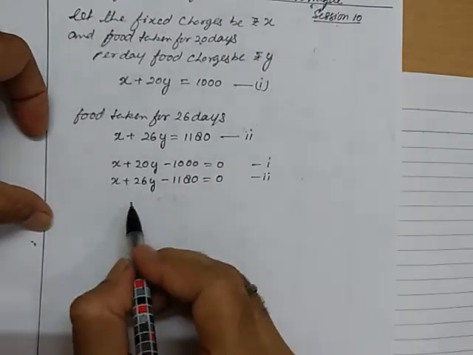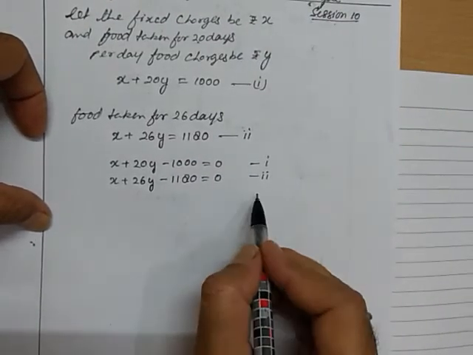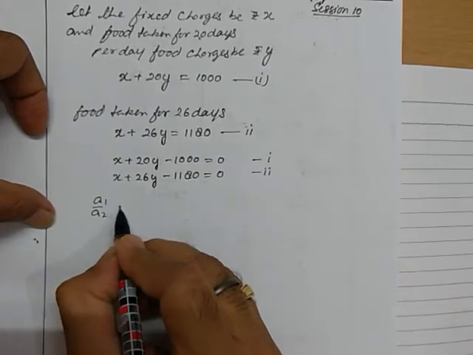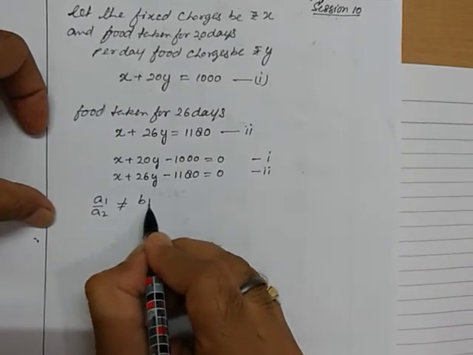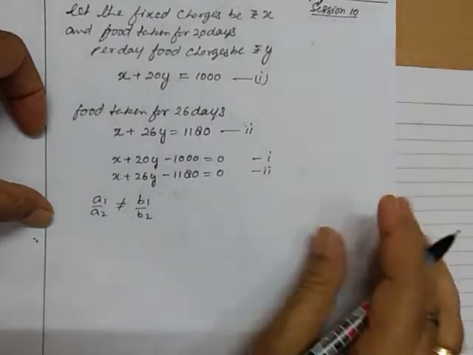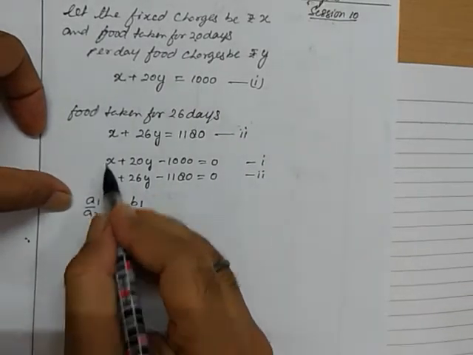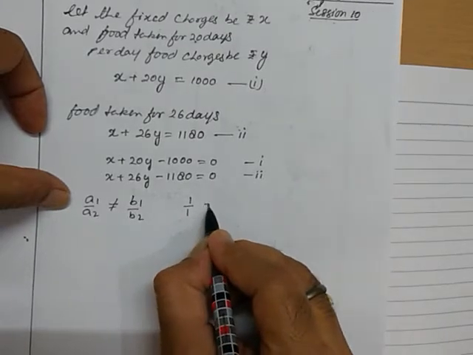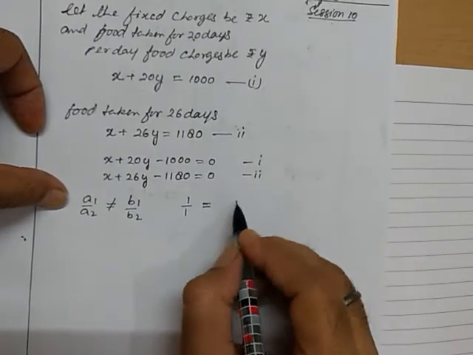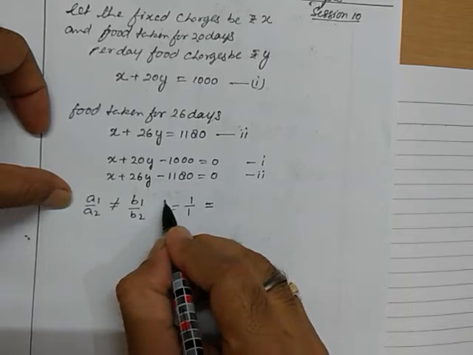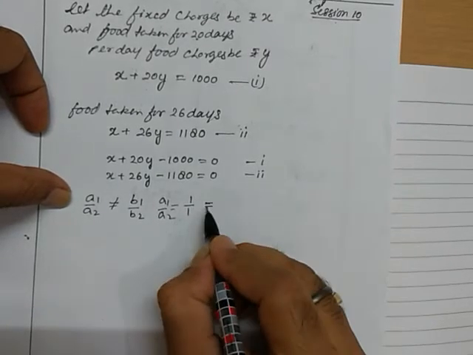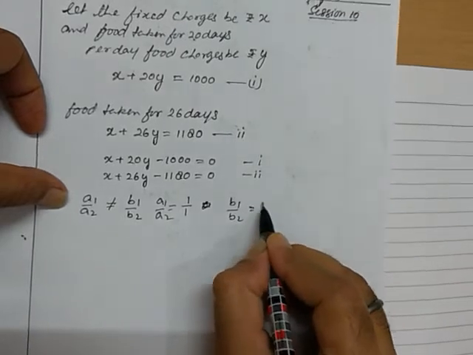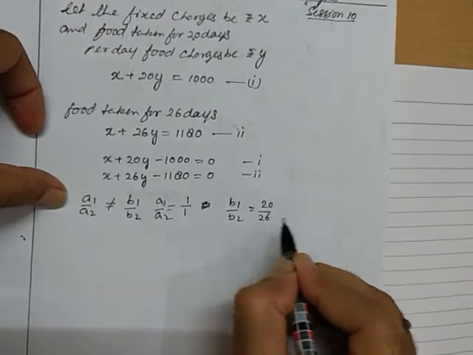Now to check whether the solution will exist or not: if the solution exists, a1 upon a2 should not be equal to b1 upon b2. So a1 is the coefficient of x, so this will be 1 upon 1, should not be equal to b1 upon b2, which is 20 upon 26.